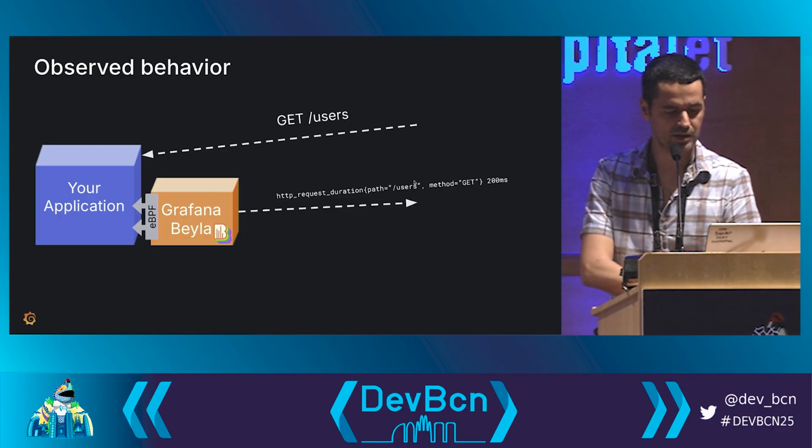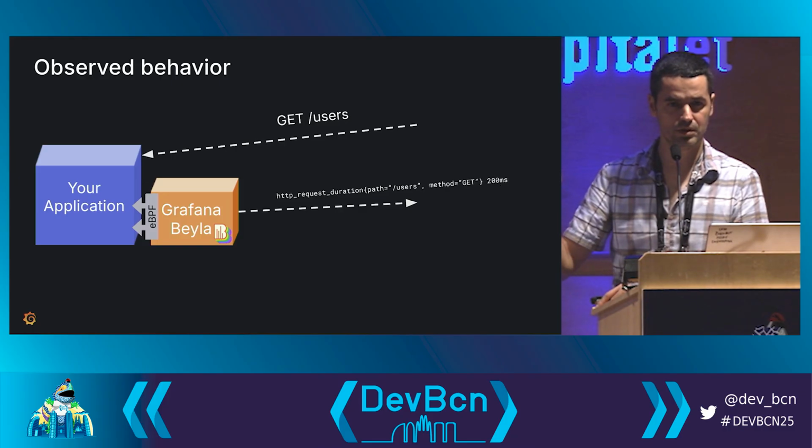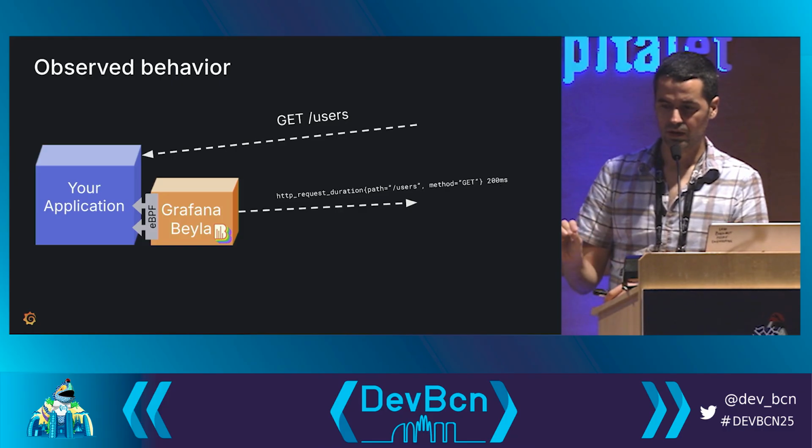For example, it could provide a metric named HTTP request duration, and you will know that for the path users, the method GET, it takes 200 milliseconds. This data will be reported into your system.